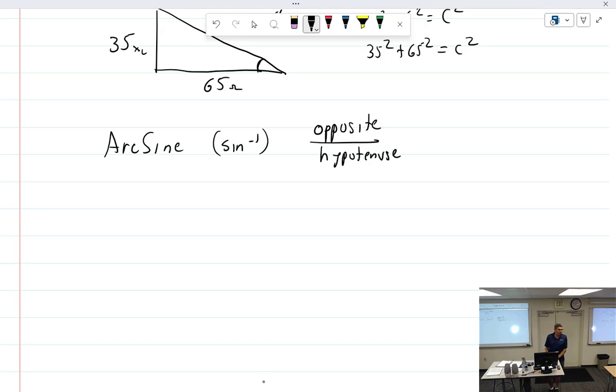You will not have to memorize this. There's a thing called SOHCAHTOA, and I'll show you in a second. So arc cosine, or cos minus 1, is adjacent over hypotenuse.